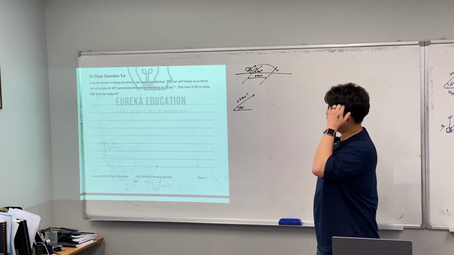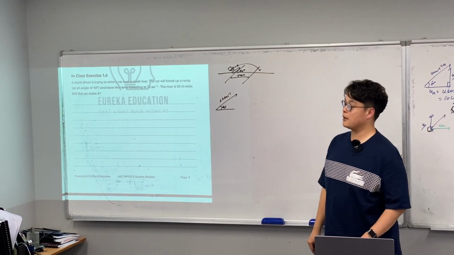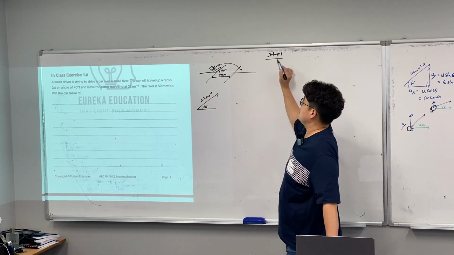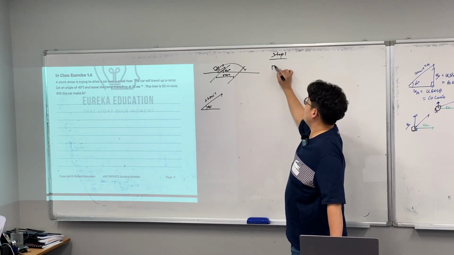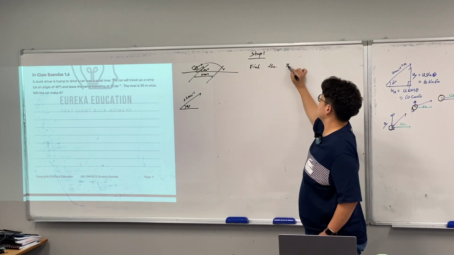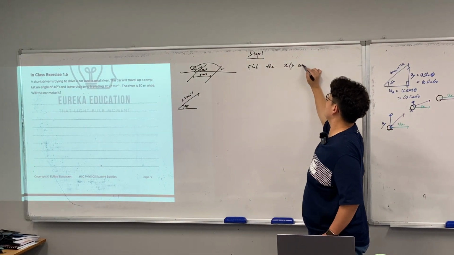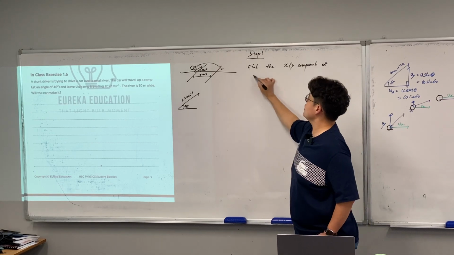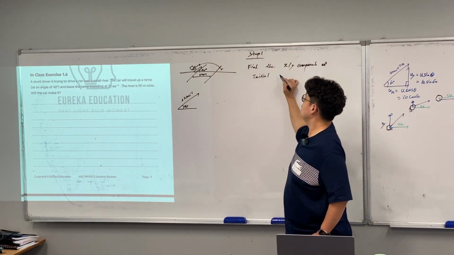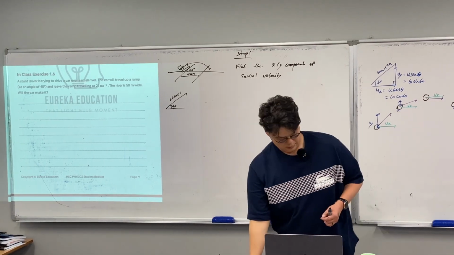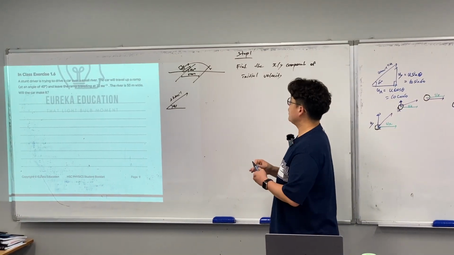So let's start from here. I'll give you a step-by-step guideline. Step 1: always, in most questions, find the x and y components of the initial velocity. So what are we given? We are given 22 meters per second.